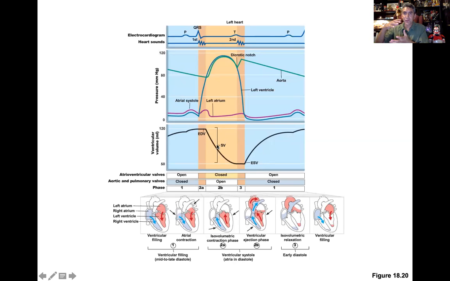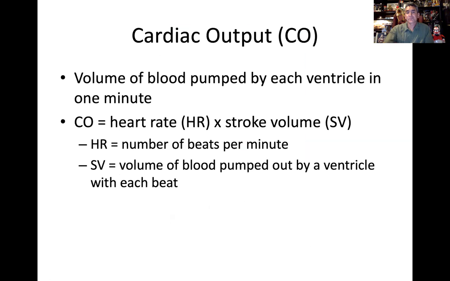So the difference between end diastolic volume and end systolic volume we call stroke volume. So that's how much fluid was actually ejected from that bottle, or the heart in this case, the ventricle. So important concepts. So when we talk about cardiac output, CO, not Colorado, not carbon monoxide, but in electrophysiology, we consider cardiac output, CO, is the volume of blood pumped by each ventricle in 1 minute.